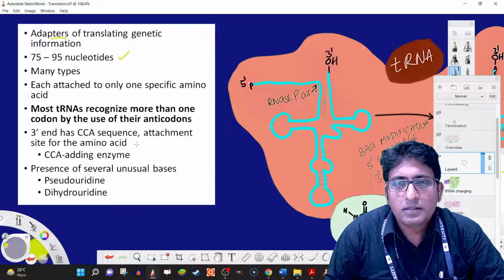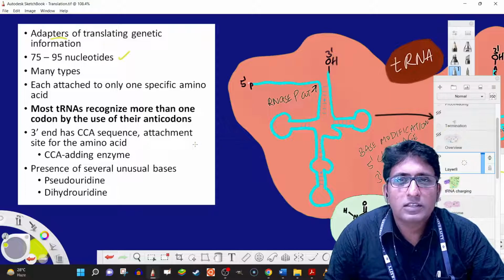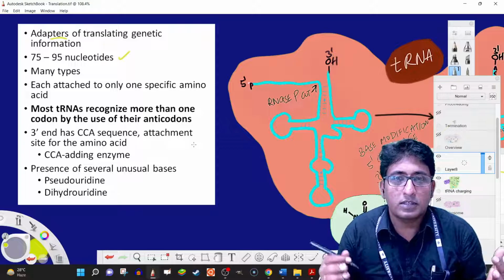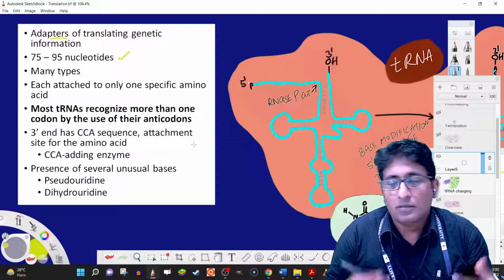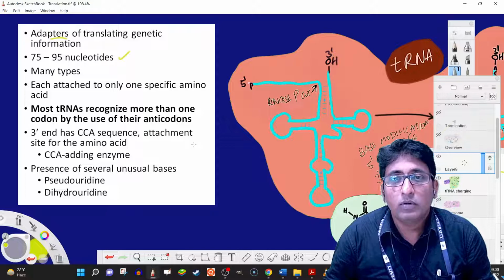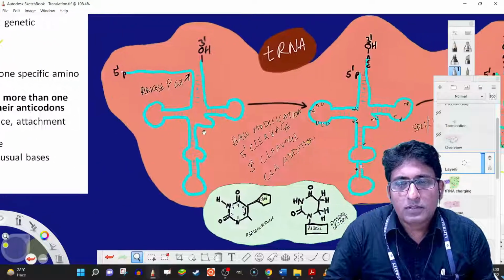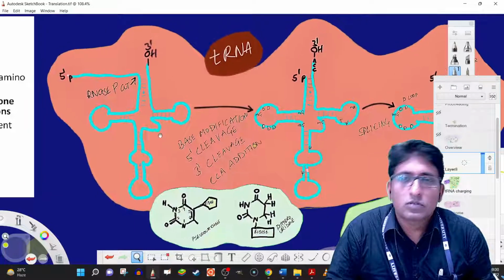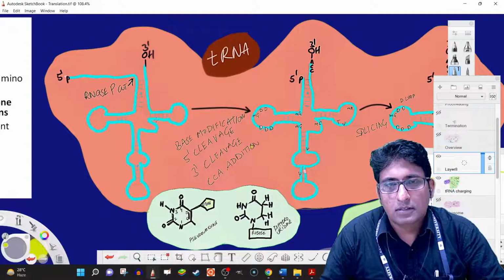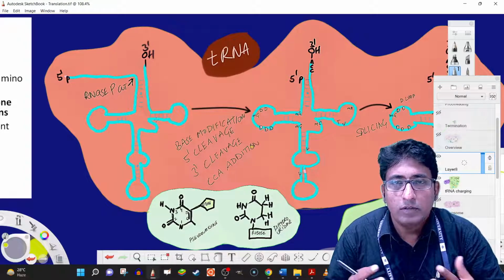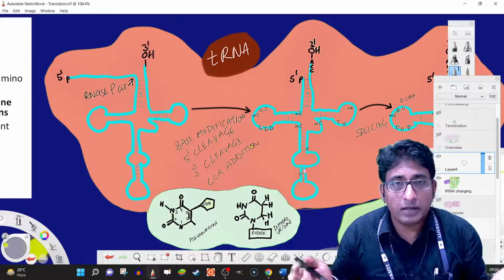There are some special things about tRNA. When the transcription of the tRNA happens, it is produced as a pre-transcript RNA molecule, and then it is processed. One of the unique features is that there is a lot of complementarity within the tRNA itself.